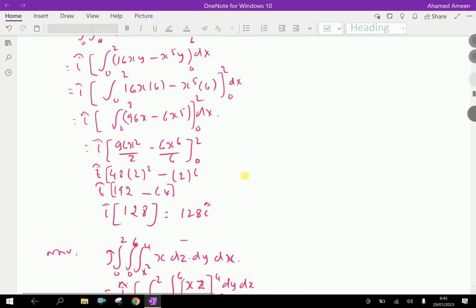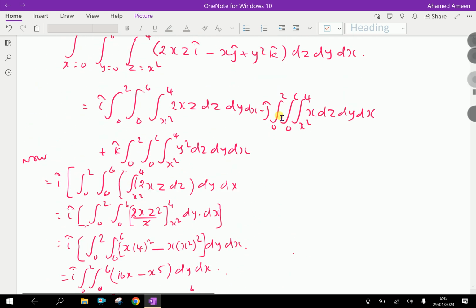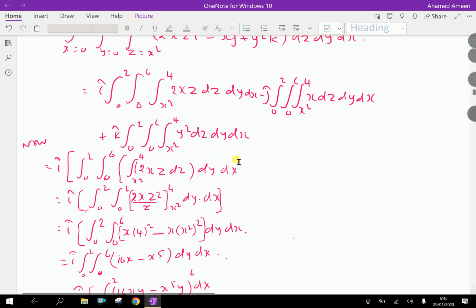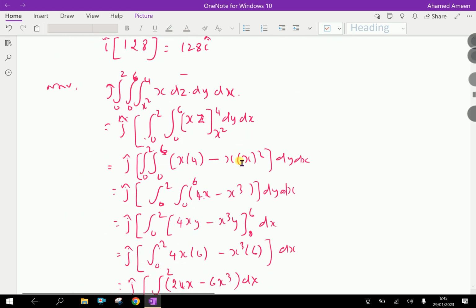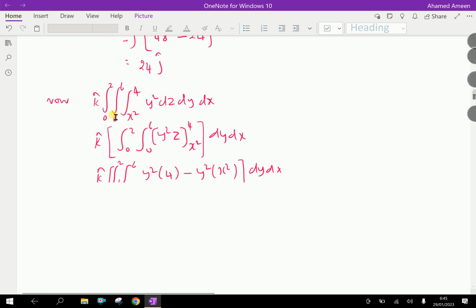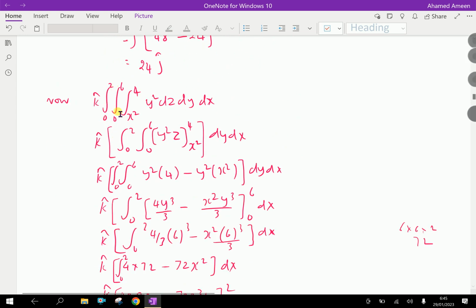Similarly, we integrate the third part with k, the multiplication of y squared dz dy dx. The k part is k into the integral 0 to 2, 0 to 6, x squared to 4, y squared dz dy dx. First y squared dz integrates to y squared z, with limits x squared to 4. Substituting, we get 4y squared minus x squared y squared.